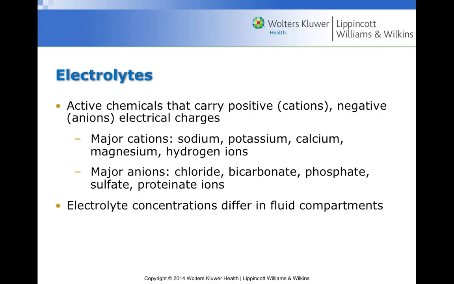The major anions are chloride, bicarbonate, phosphate, sulfate, and proteinate ions. These chemicals unite in varying combinations. Therefore, electrolyte concentration in the body is expressed in terms of milliequivalents per liter. This is a measure of chemical activity rather than milligrams, a unit of weight.